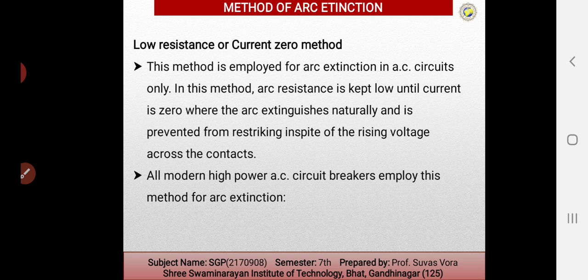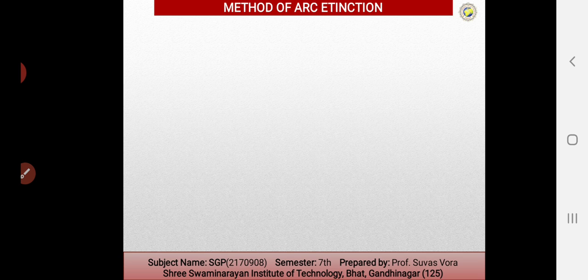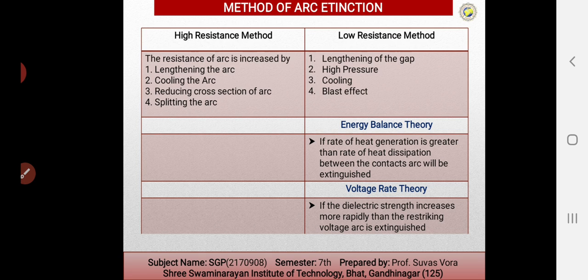So all modern high power AC circuit breakers employ this method for arc destroying. So the length of the gap, then high pressure, cooling and blast. These are the basic information of the high resistance method and low resistance method.